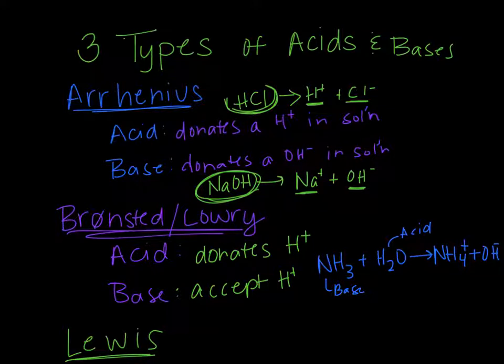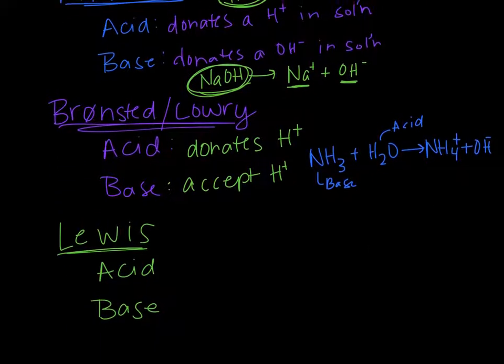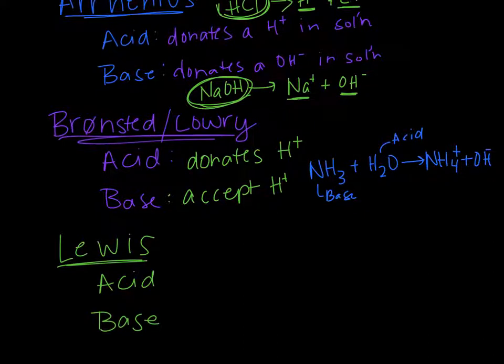And then we have one more that I want to talk about very briefly, and that is the Lewis acids and bases. All I want you to know are the definitions of these. So a Lewis acid is an electron pair acceptor, and a Lewis base is an electron pair donor.